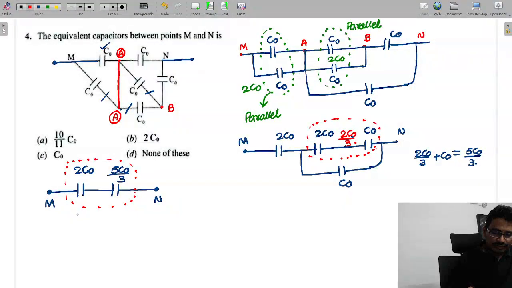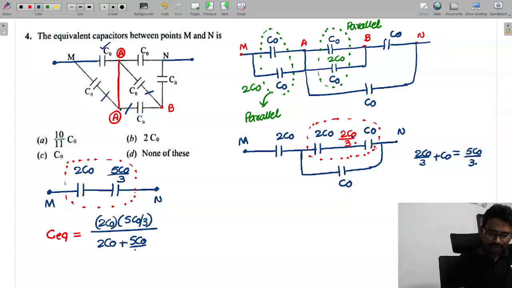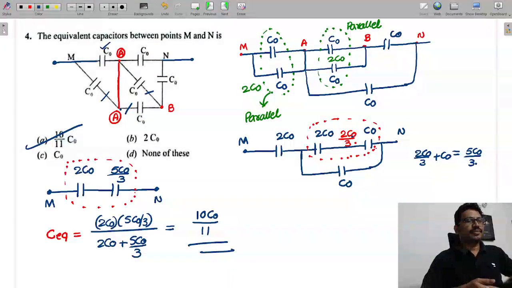In series, the equivalent capacitance is C1 C2 by C1 plus C2. That means 2C0 into 5C0 by 3 by 2C0 plus 5C0 by 3. Simplify this, it will come as 10C0 by 11. So this is option A.